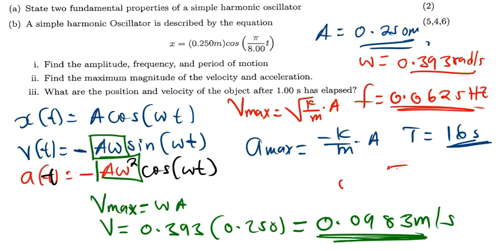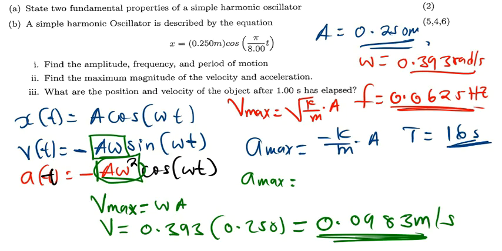Okay, so the maximum acceleration will be equal to negative a over that, which is basically the same as just getting this.